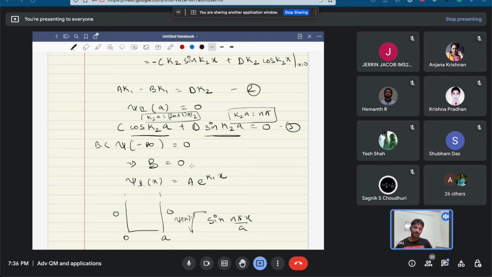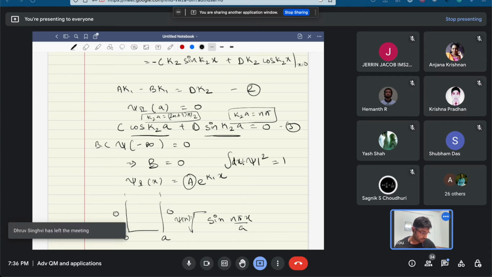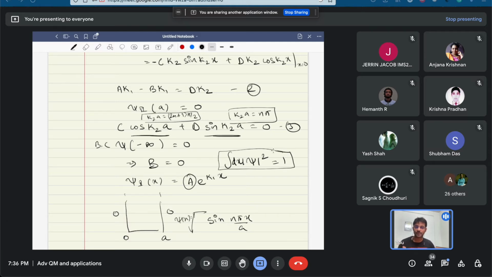So in some cases normalization is not possible, but in most cases, when you have the finite step potential, the infinite potential box, or harmonic oscillator cases, you can always find this A through normalization. Normalization means that the integral of psi squared should be 1. So this is the normalization condition that is supposed to be satisfied.